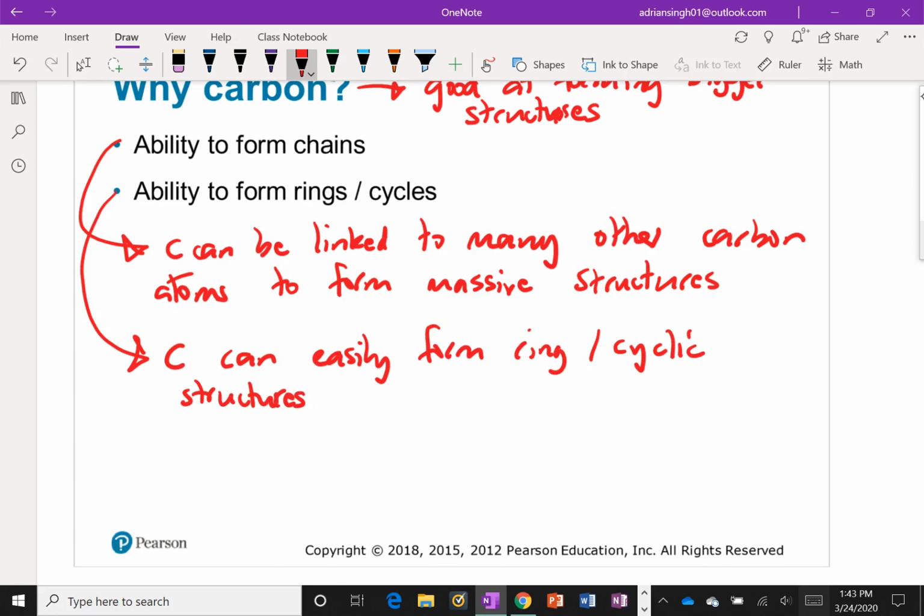And as we'll see down the road, those ring structures or cyclic structures are extremely important when it comes to our biological molecules, things like your sugars or your carbohydrates, and then also your genes, your DNA, your RNA, all of your nucleic acids. So in the next couple sections, we're going to take a look at some of the subcategories of these organic compounds.